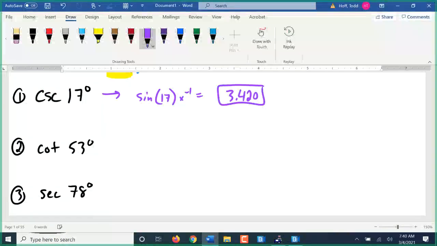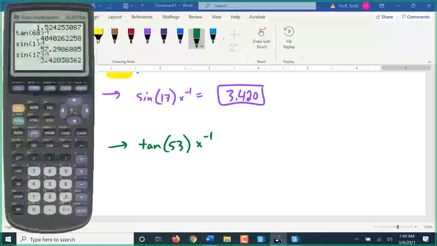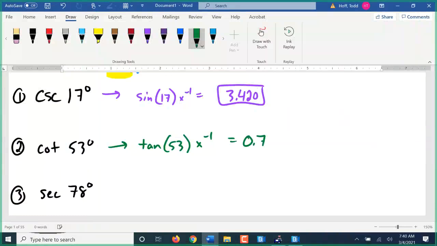Is that what you guys got for cosecant 17? Perfect. For the cotangent of 53, of course, cotangent goes with tangent of 53, then the reciprocal, giving us 0.7813.